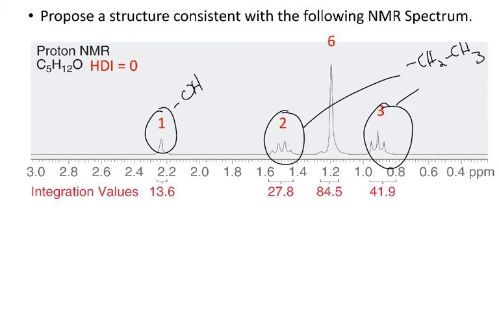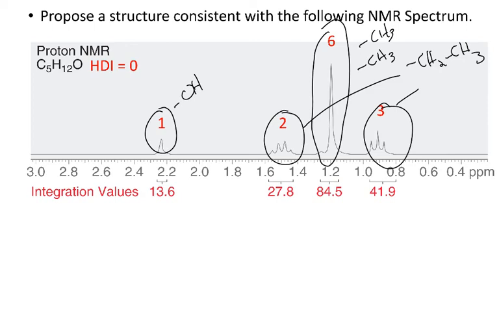And so this peak at 6 is my 6 remaining hydrogens. And I think the most likely way to get this with what I have left is if I have 2 methyl groups that aren't being split by anything. And so I've now accounted for 4 of my carbons, all of my hydrogens and oxygens.